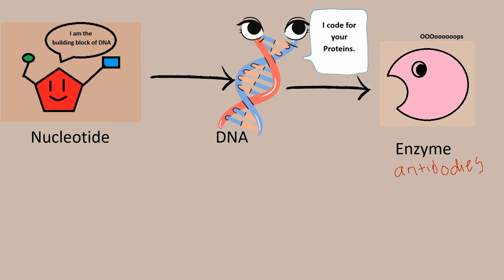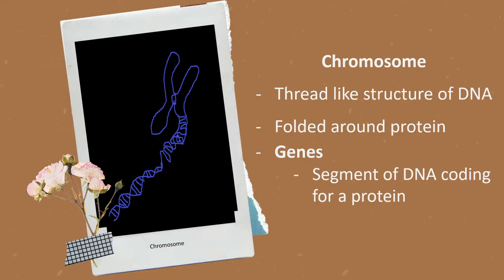And that's exactly where chromosomes come into the picture. A chromosome is basically a thread-like structure of DNA that has been folded around proteins so that it can form a compact structure and fit into the nucleus.